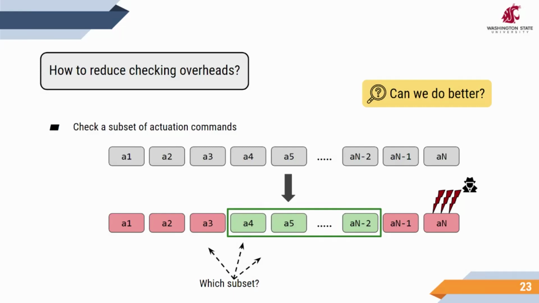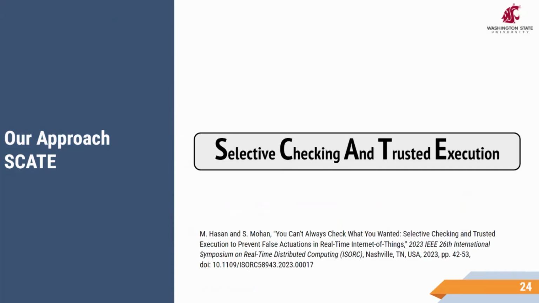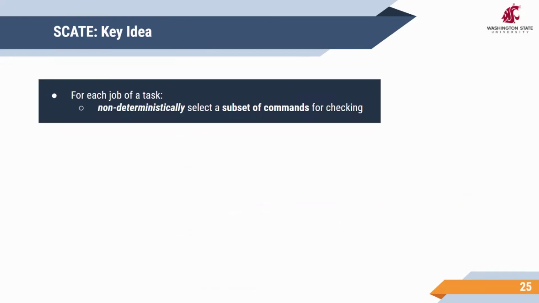So now the question is, can we do better? And the answer is yes, we can, and that's the focus of my next couple of minutes of talk. We present a new idea we call the Selective Checking and Trusted Execution framework, SCATE, that we published last year in ISORC. What this idea is, is that instead of checking all the commands, we non-deterministically select a subset of them for checking.